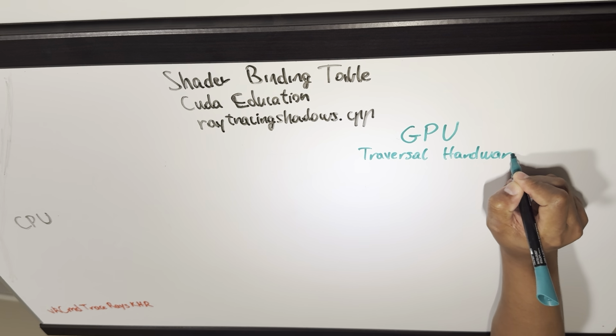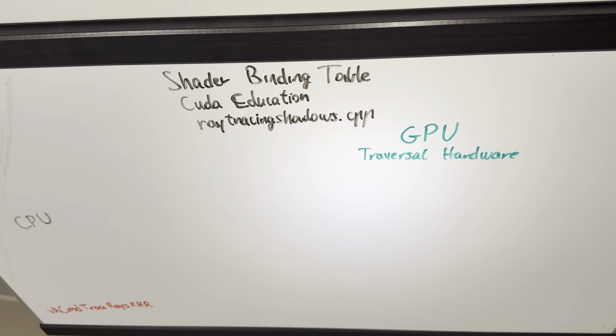It's the part of the GPU that's in charge of taking rays and traversing them across the scene. Just keep that in mind. That's the GPU side. I would normally do a line between the two, but I need this general area to discuss some things.